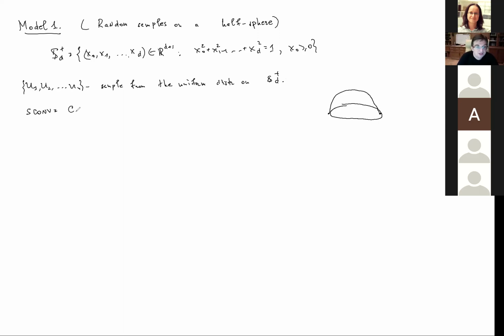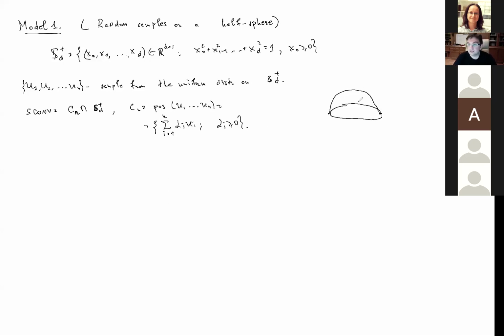It can be defined in several ways, so let me define it first in this way. Cn is the positive hull of the sample, which is the set of all linear combinations with positive coefficients, where alpha_i, i from 1 to n, are positive.